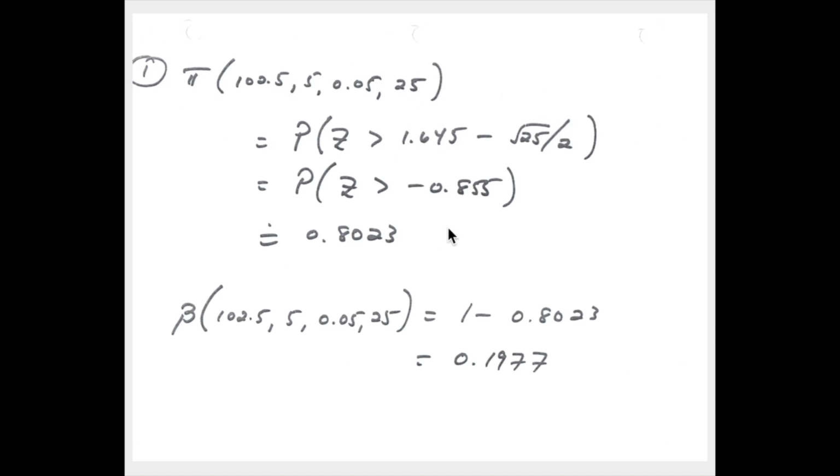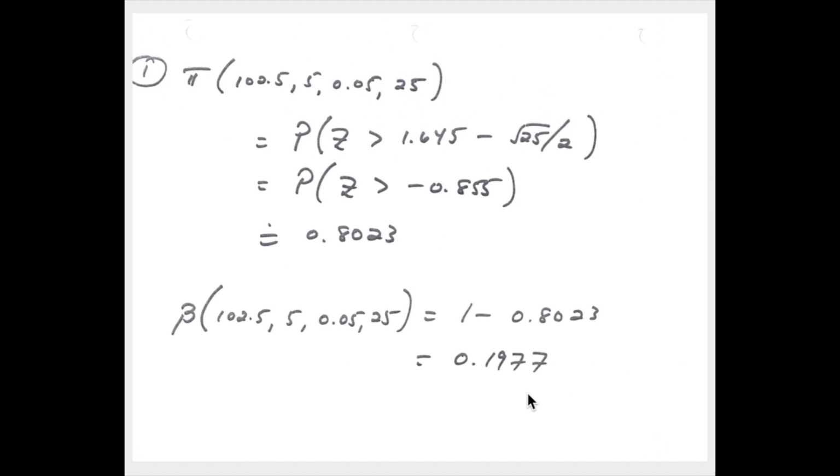We can see here that the power is going to be 0.8023. In other words, we're going to have about an 80.23% chance of rejecting the null hypothesis when mu is equal to 102.5 if we use a sample of size 25. And in this case, the probability of a type 2 error would be 0.1977. So about a 20% chance of committing a type 2 error.